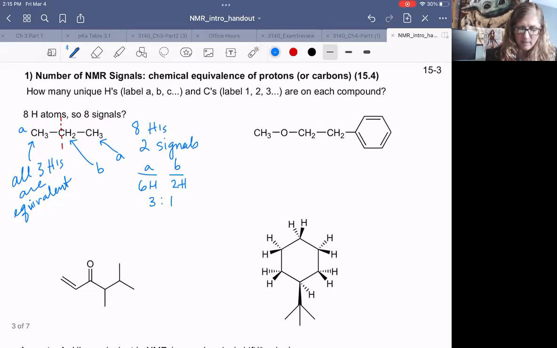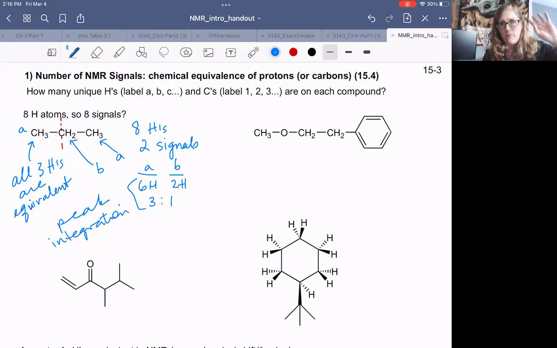This, by the way, is described as the peak integration, which is another feature that we can observe from the NMR. We'll talk about that in another lecture. So we'll get 2 signals, and we'll find that signal A is 3 times the area of signal B, because it has 3 times as many protons as the CH2.